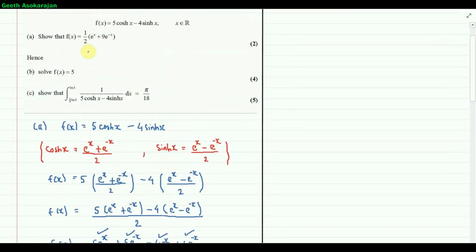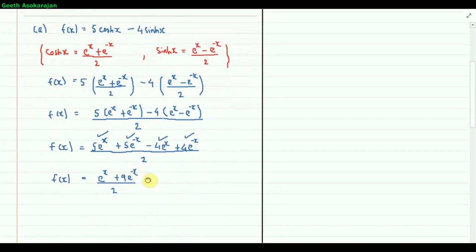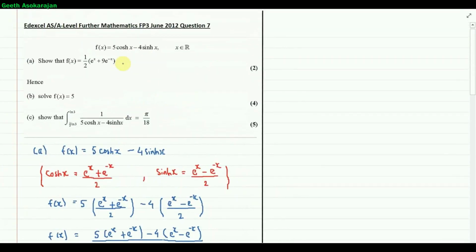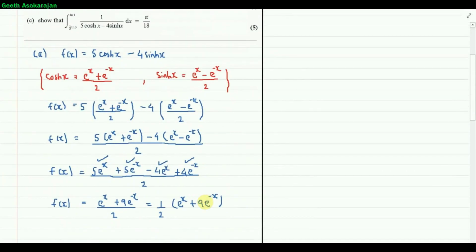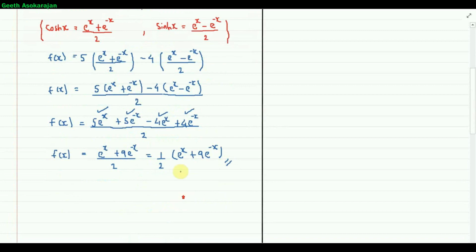As you can see, we're almost there. So what I'm going to do is take a common factor of half. If I take a common factor of half, I'm left with e to the x plus 9e to the minus x. As you can see, this is exactly what we need to show. So this should be the solution to part A.